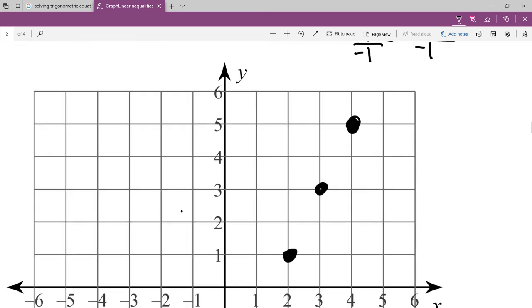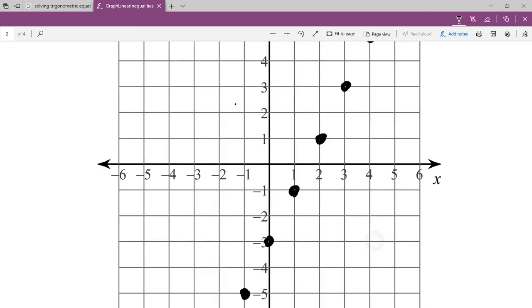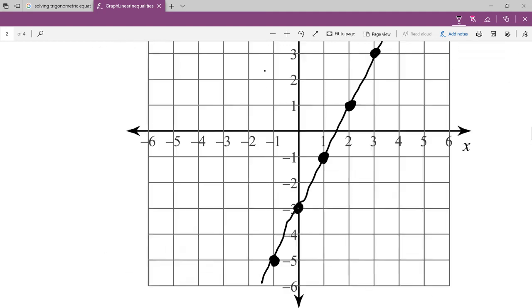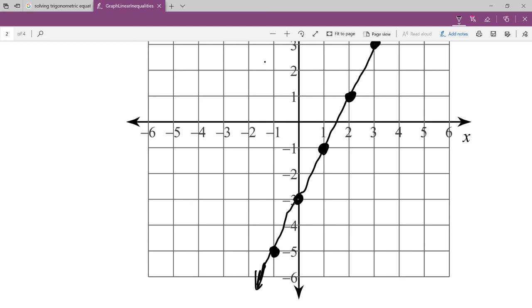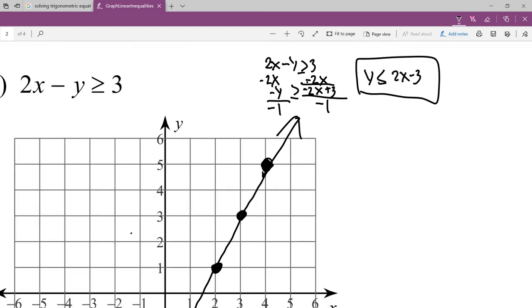Then you draw your solid line, because it's greater than or equal to. And then you pick a test point. Let's say it's going to be 3 comma 1, for example.